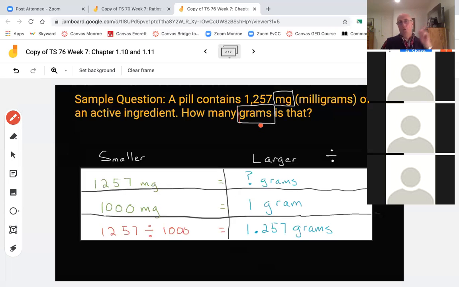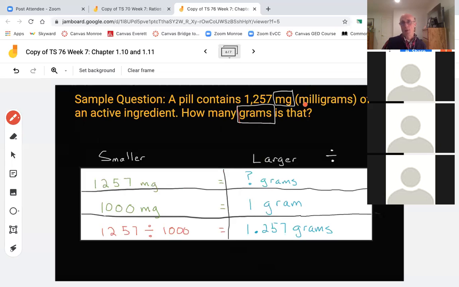That's where you're going to take your phone, go to Google and type in converting milligrams to grams or grams to milligrams. And Google will tell you, on this second line here, that 1 gram equals 1,000 milligrams.